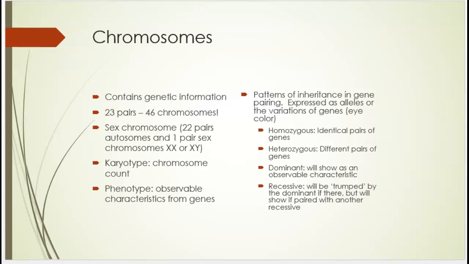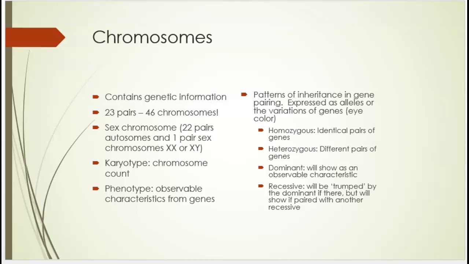Heterozygous means you have different pairs of genes. So you may have a dominant gene for brown eyes, which would be a large B. I'm going to show this on a phenotype, on a Punnett square. I'm sorry, it'll make a lot more sense. But then you might have a small b, which represents blue eyes. But because you have a dominant gene, we're going to get all into this. I'm getting ahead of myself.